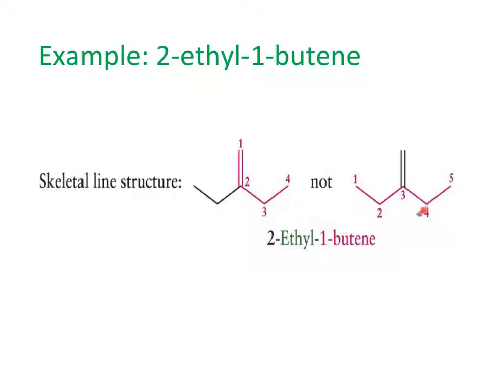However, this chain does not contain our double bond, and therefore our naming of our parent chain must include these 4 atoms, as these include our double bond. And so this becomes our main chain. 1, 2, 3, 4 carbons long, therefore but. It's an alkene, so we get our ending ene.